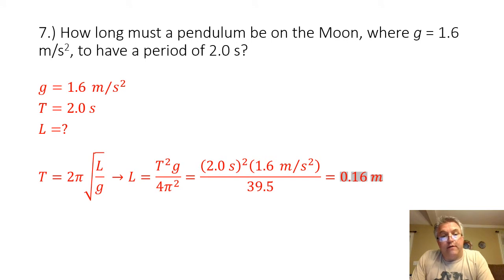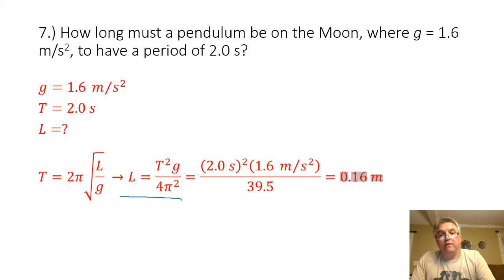But to solve for length, we end up with length equals T squared times g divided by 4 pi squared. We plug our known values into that equation, and we are going to get a length for the pendulum of 0.16 meters.